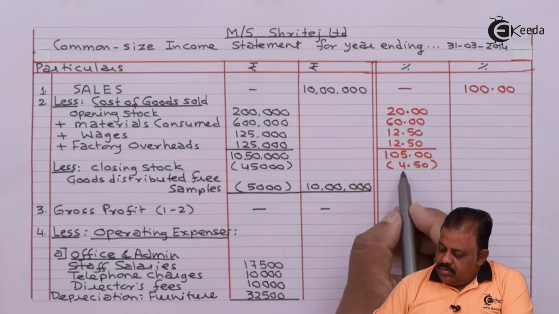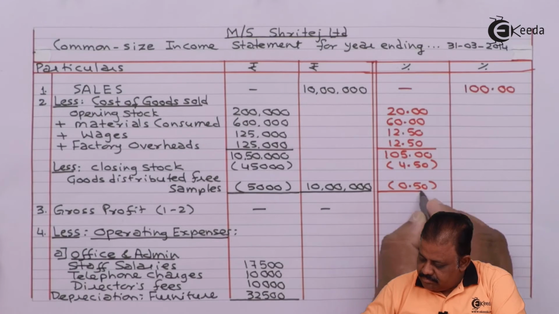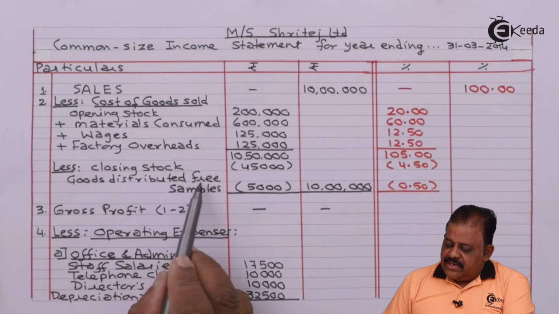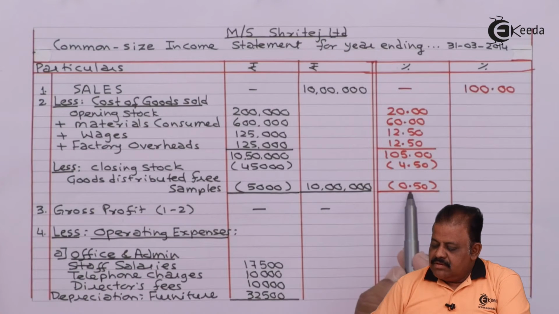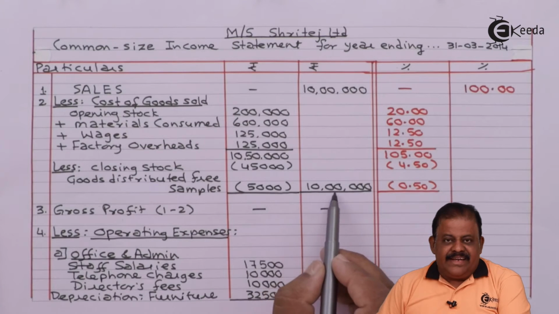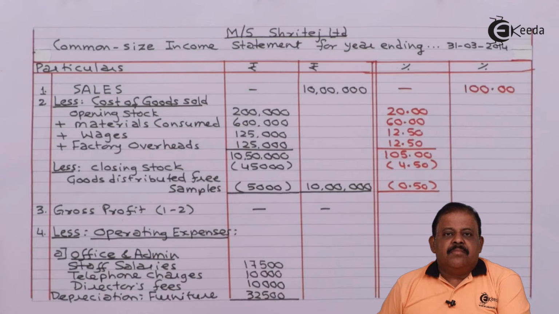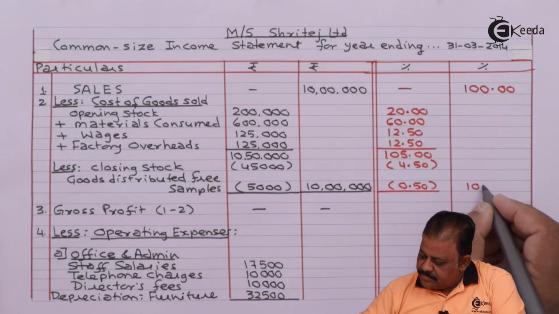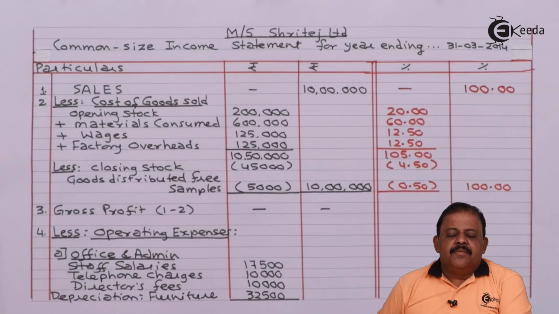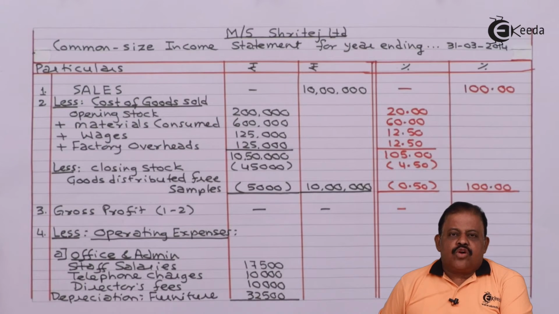Closing stock 4.5. Goods distributed as free samples 0.50. Cost of goods sold is 10 lakhs divided by 10 lakhs multiplied by 100. It is 100%. There is no gross profit.